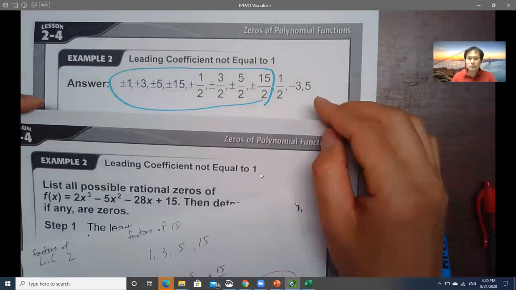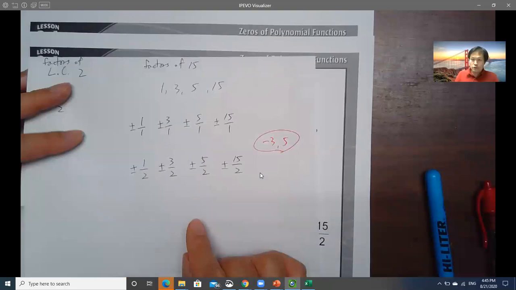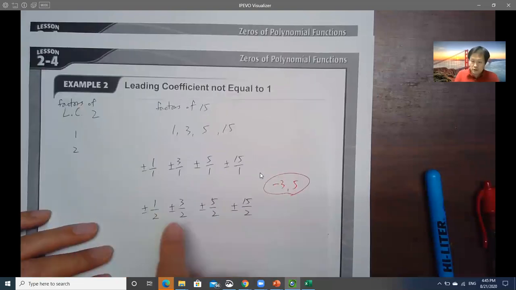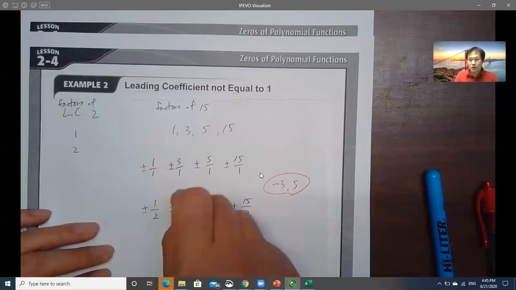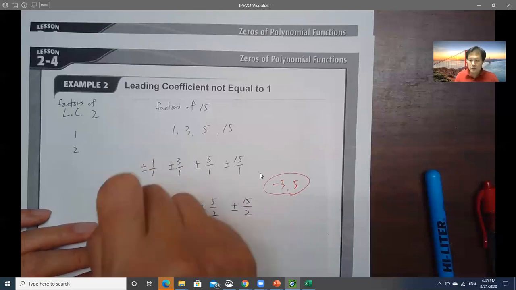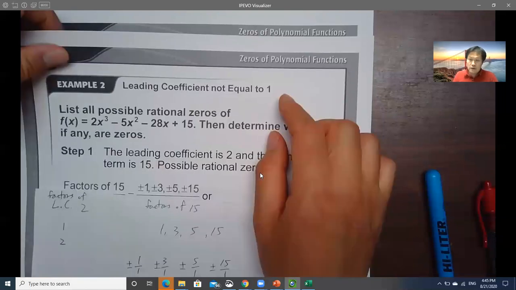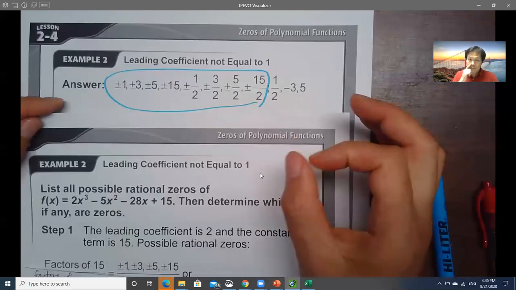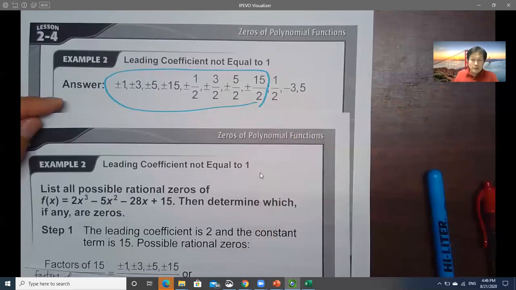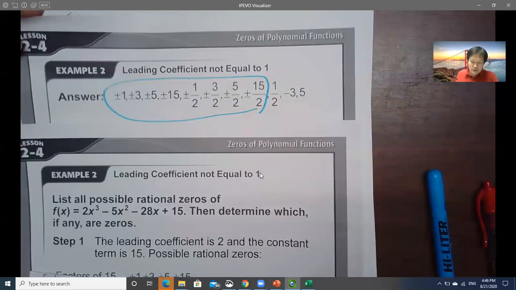Well, from there, you have to plug it in as a synthetic division. You keep trying, keep trying, keep trying. Then when you plug in 1/2 with synthetic division, it will work. So you will get 0 at the end. There's a way to do it manually that's coming up in the next lesson.